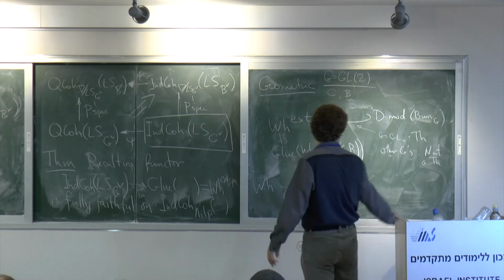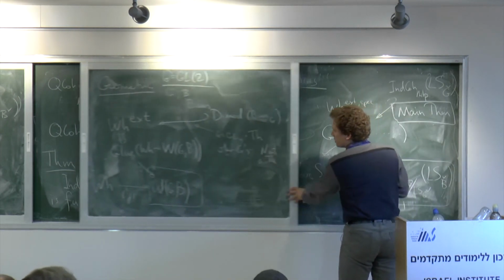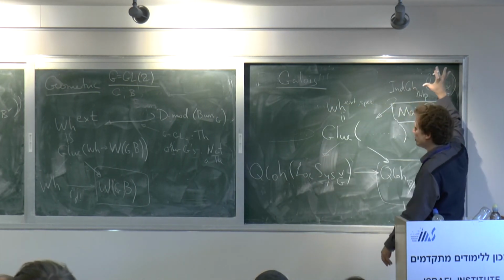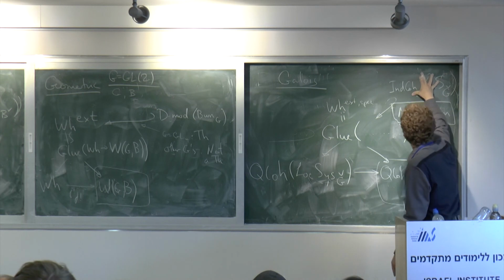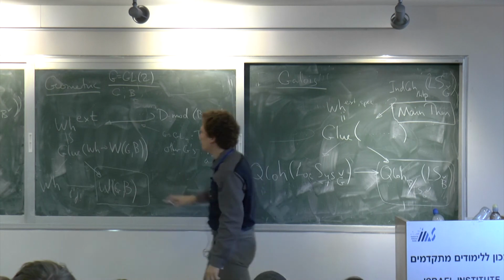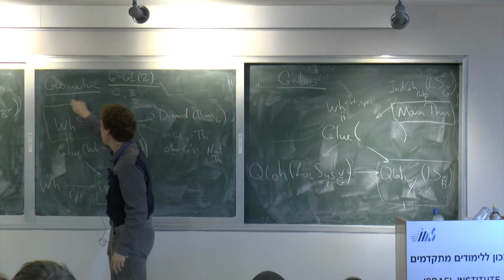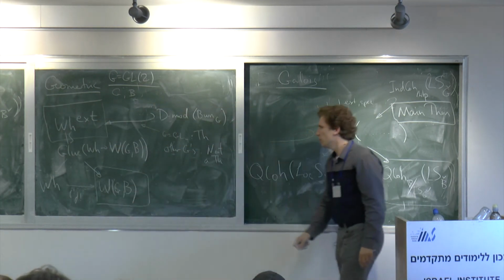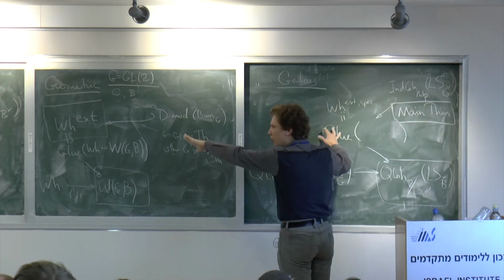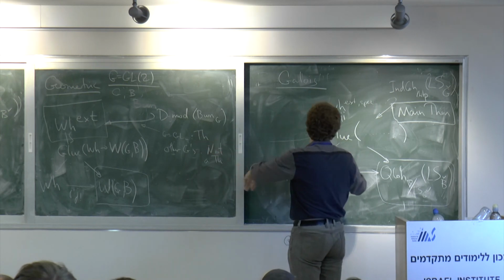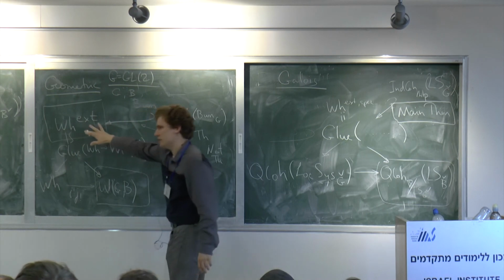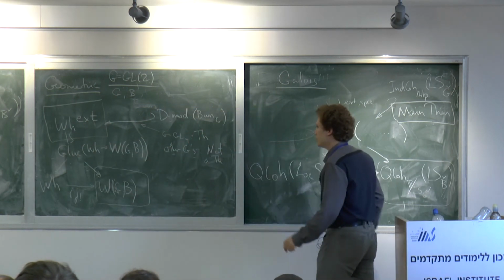All right, and so to summarize, if you believe all this, now I claim that the two sides of the geometric Langlands conjecture, this category and this category, actually embed into the same global Whittaker category on the board. So somehow they both embed into their own versions of Whittaker categories, and the spectral Whittaker category embeds into this Whittaker category.